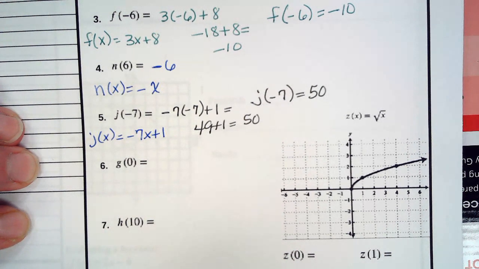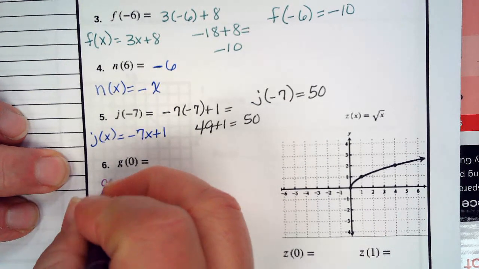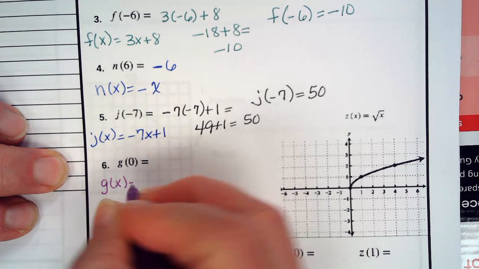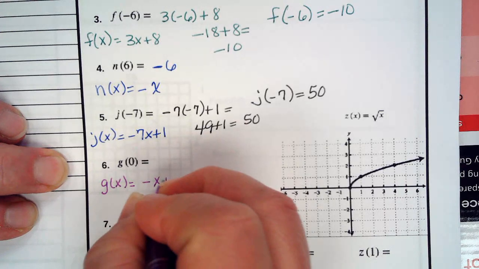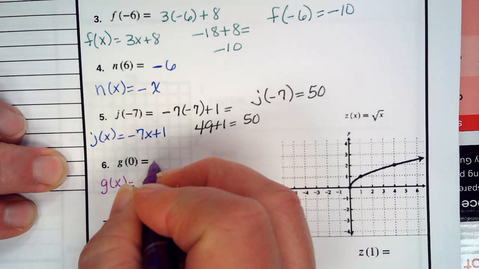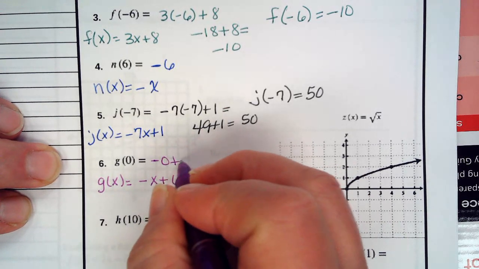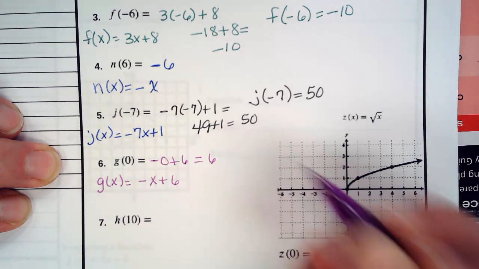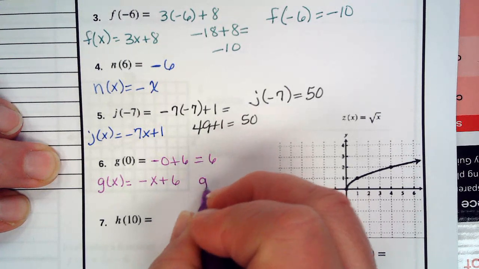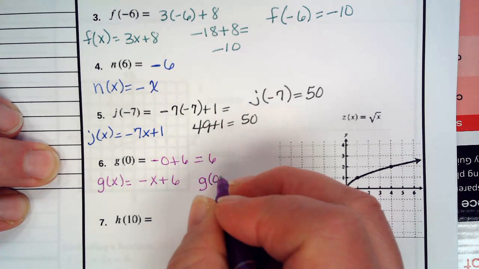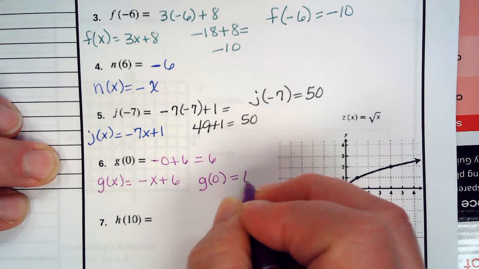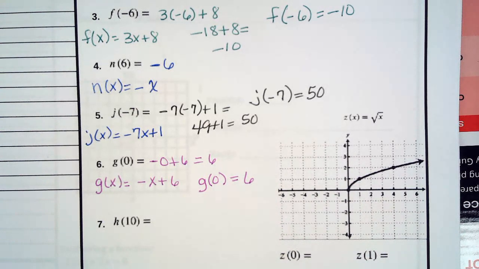So g of x, I find the opposite of x plus 6. So g of 0 is the opposite of 0, which 0 doesn't have an opposite, plus 6, which gives me 6. So when I take my function g and I put in 0, my output is positive 6.